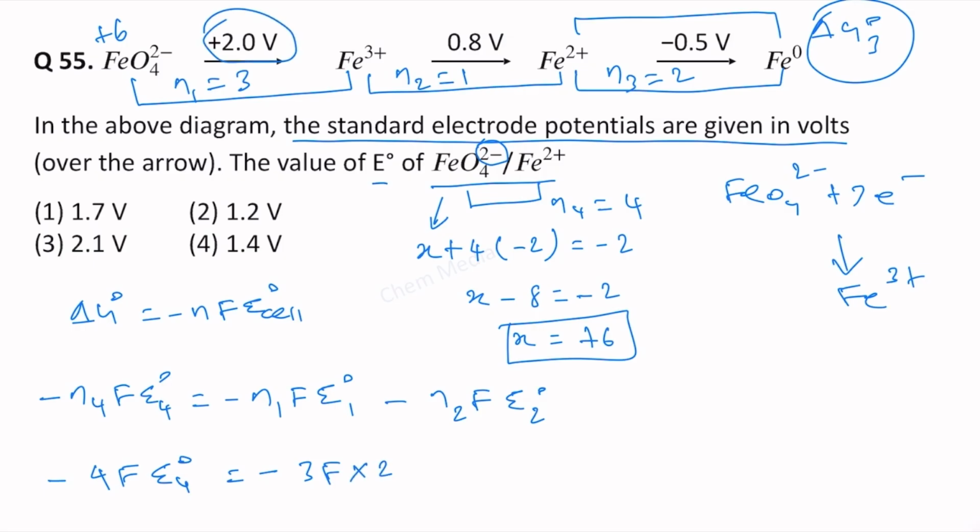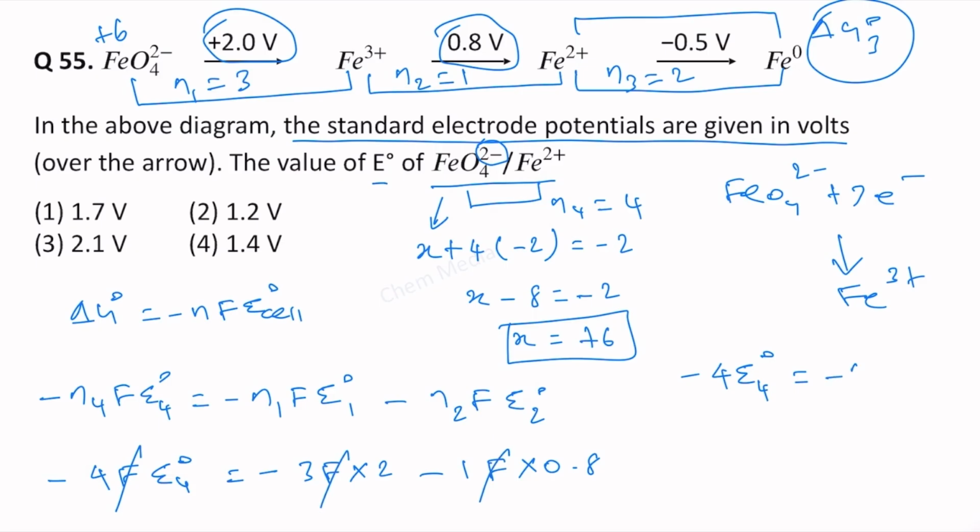Therefore times 2 minus n2 value is 1 times F. E2 standard value is given as 0.8 volts. Therefore times 0.8. Therefore minus 4 E4 standard is equal to, F is constant everywhere, therefore we can remove that.